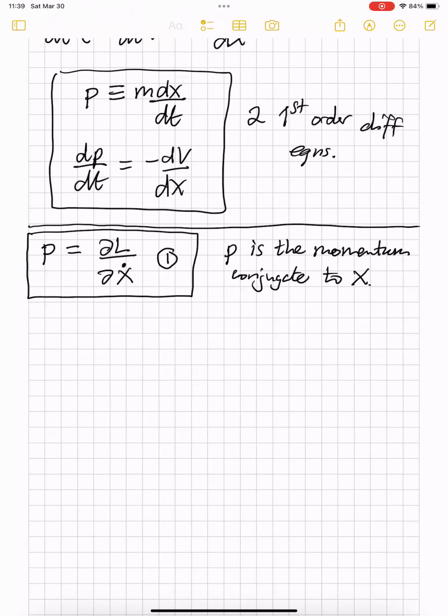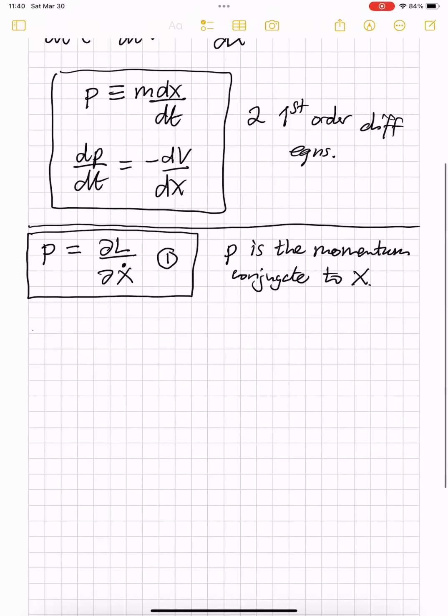In that case, p is not simply equal to m x dot, okay? So the definition given in 1 of the conjugate momentum is more general than just saying p is equal to m x dot. Equation 1 always tells us what p is, no matter what problem you study.